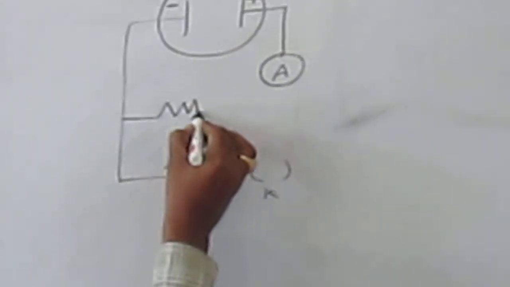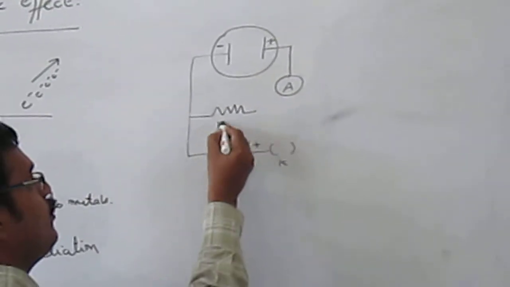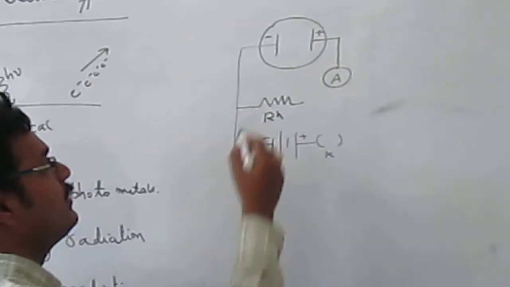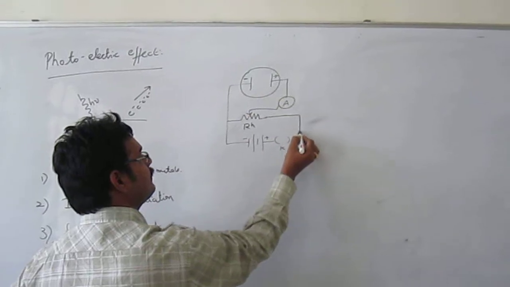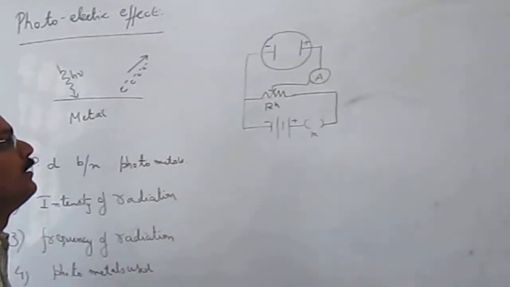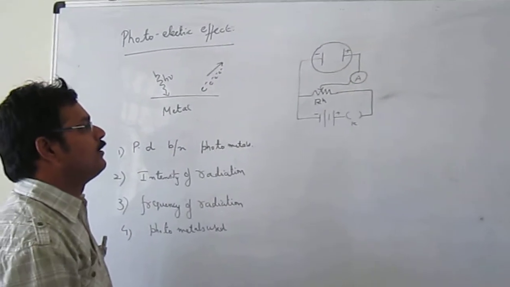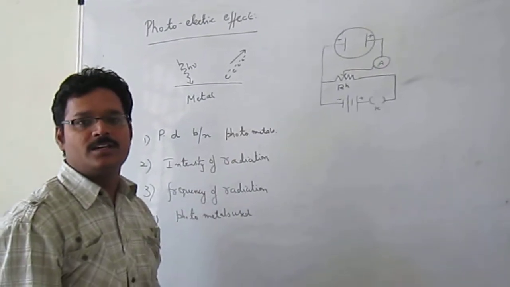Of course, in between you have a rheostat to vary the current, like this. So this is how the electric circuit is constructed.